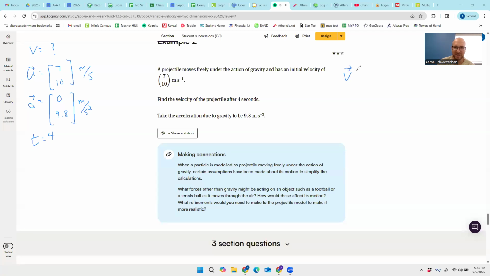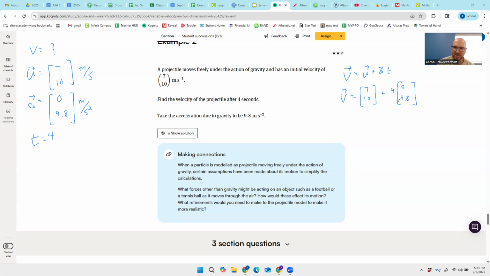Back to my basic equation here. V equals U plus AT. So V equals (7, 10) plus 4 times the acceleration.